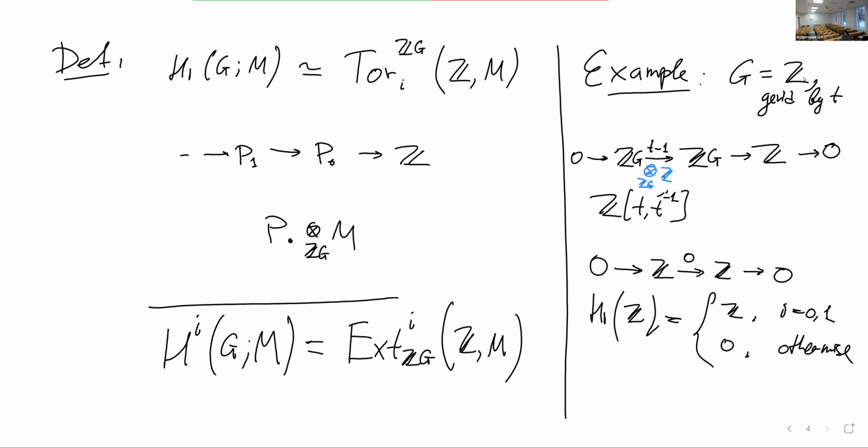Suppose we have an arbitrary module, but we take G equals Z. We only have H0 and H1.